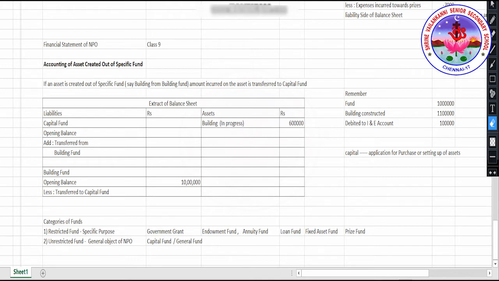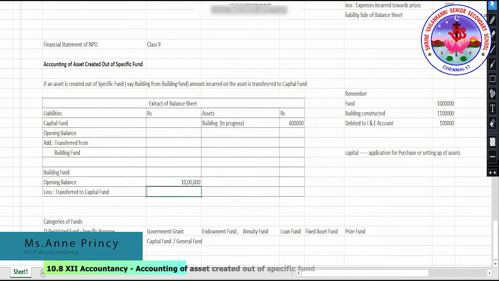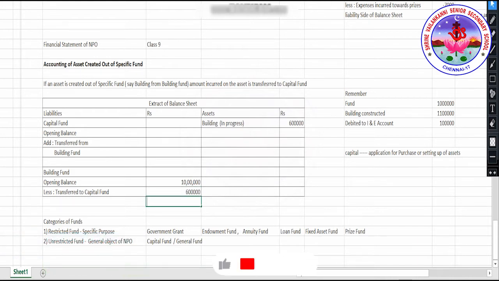Whatever amount is applied for construction of an asset should be deducted here. So I'm going to deduct 6 lakhs. The balance of the building fund will become 4 lakhs, because 6 lakhs is utilized for construction of building.